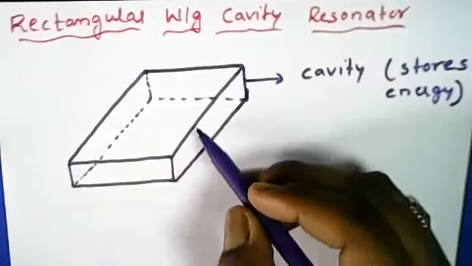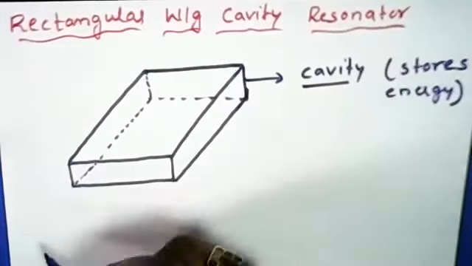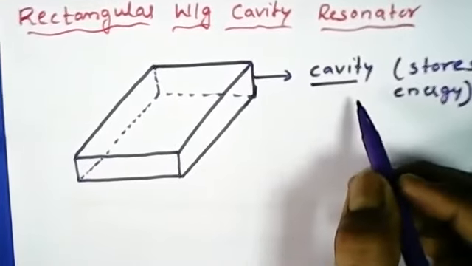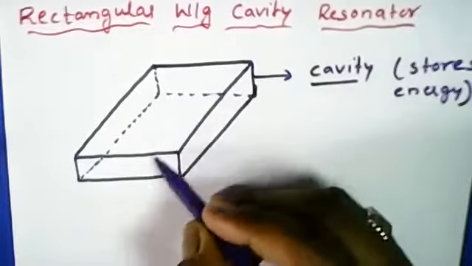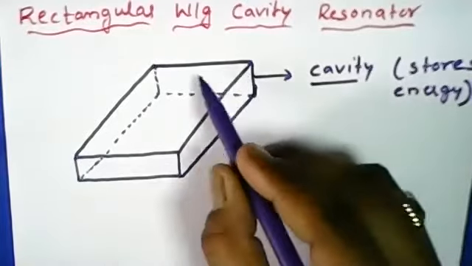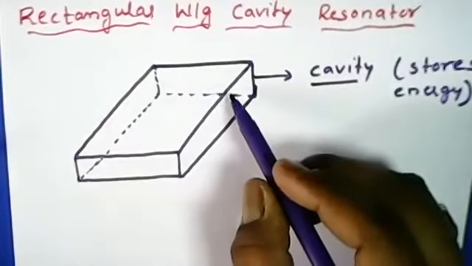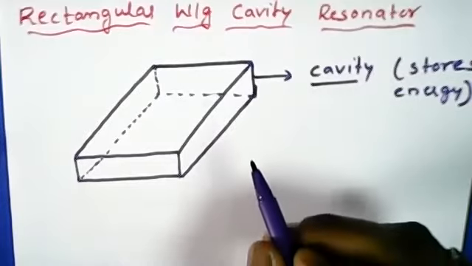So this total structure is termed a cavity, and this cavity will store the energy. Energy bounces to and fro within these two shorted ends, so we can say that energy is stored. The cavity is a structure which stores energy.